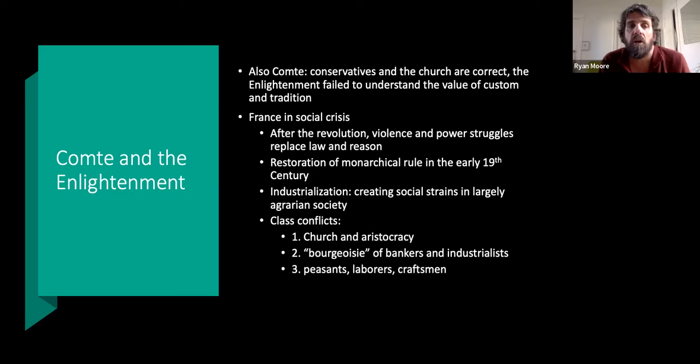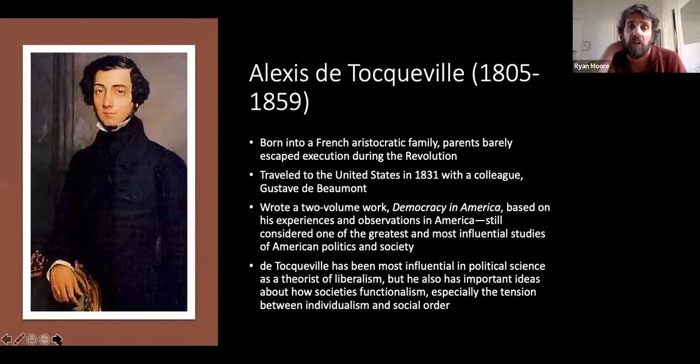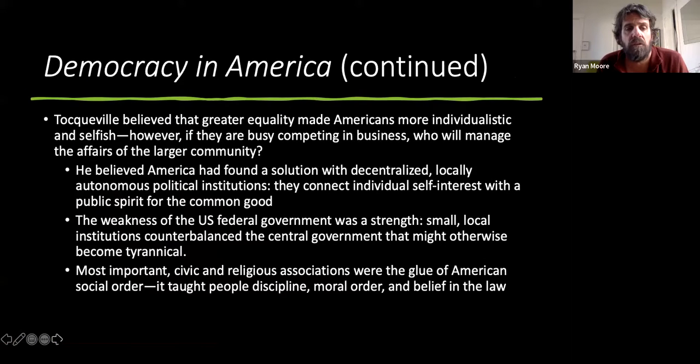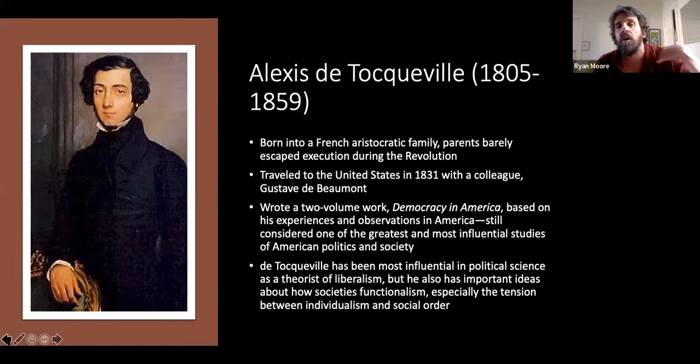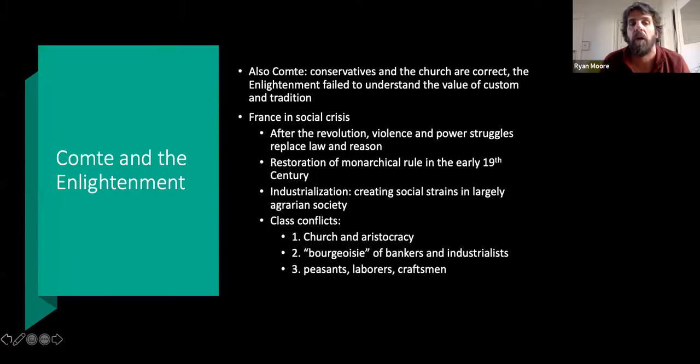So when we look next time at these thinkers, Alexis de Tocqueville and Harriet Martineau, I'll do this in the next lecture. We see people who are the next generation after Comte, and they're dealing with a lot of these same issues about the legacy of the Enlightenment and also the critique of the counter-Enlightenment.